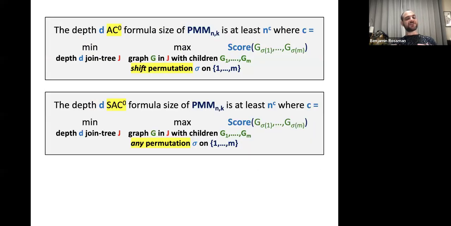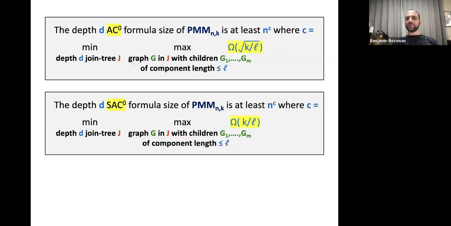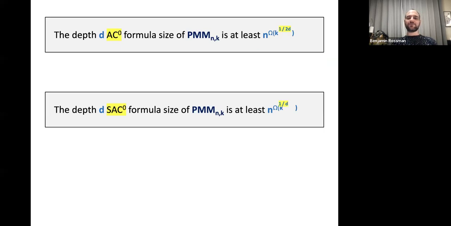Now to relate this to the lifting theorems: we simply plug these results into our lifting theorems by selecting the optimal shift permutation or optimal permutation for any given sequence of children G1 to Gm, and plugging this in for the score. We get bounds in terms of the maximum component length in any of the graphs G1 to Gm, and from this it's fairly simple to extract the aforementioned size-depth trade-offs.